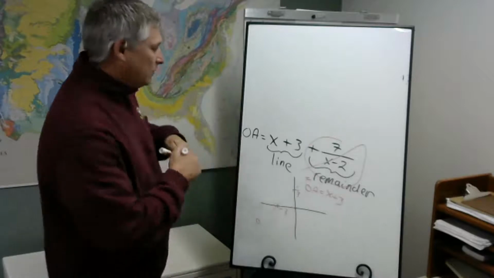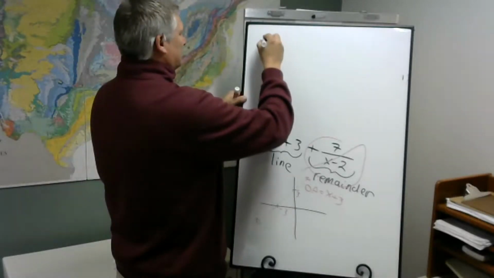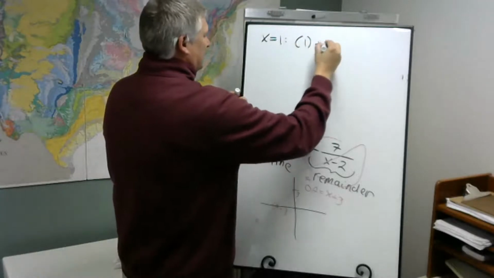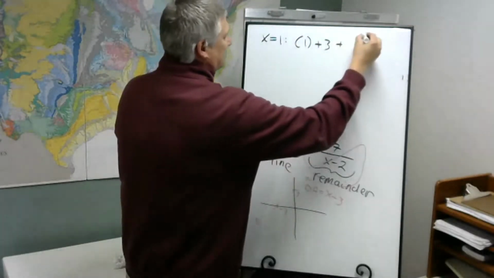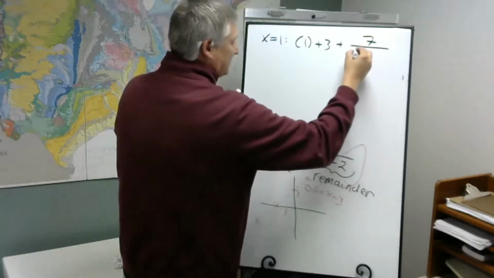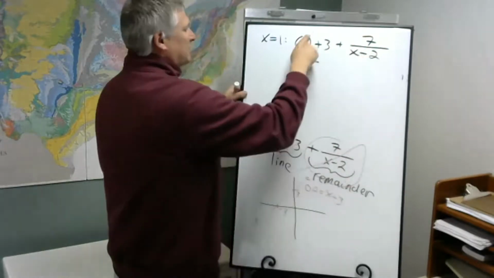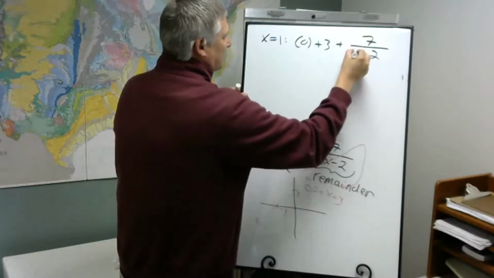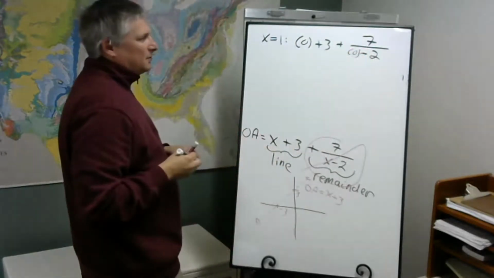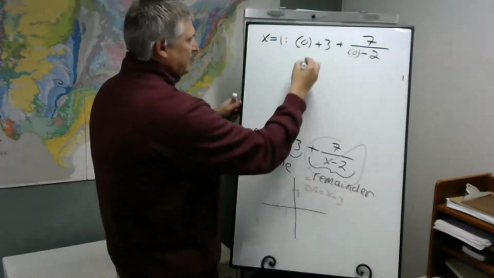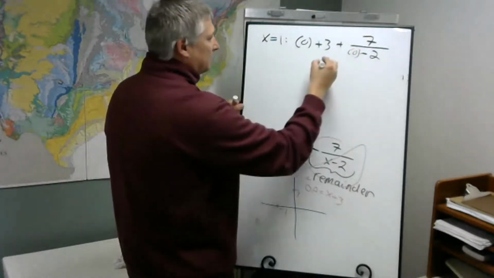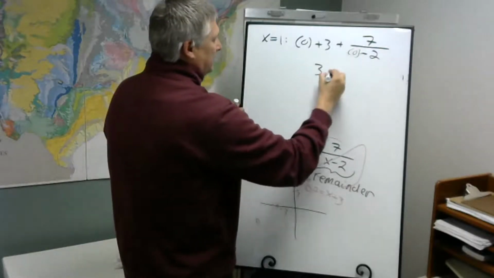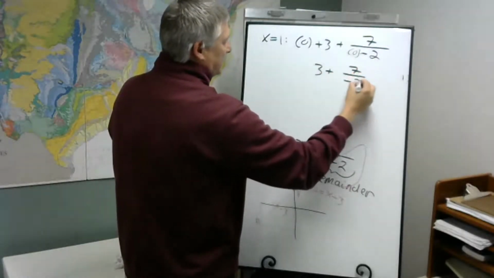So let's say we let x equal 1. So we have 1 plus 3 plus 7 over x minus 2. Let's make it a little easier. Let's let x be 0. So what we get is, we simplify this down, 3 plus 7 over negative 2.